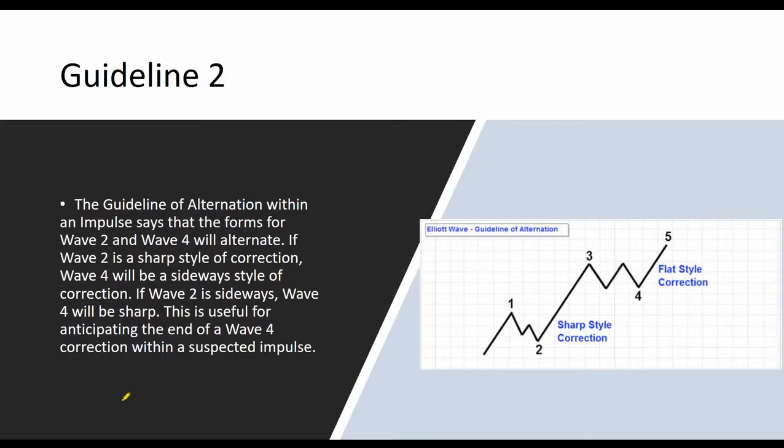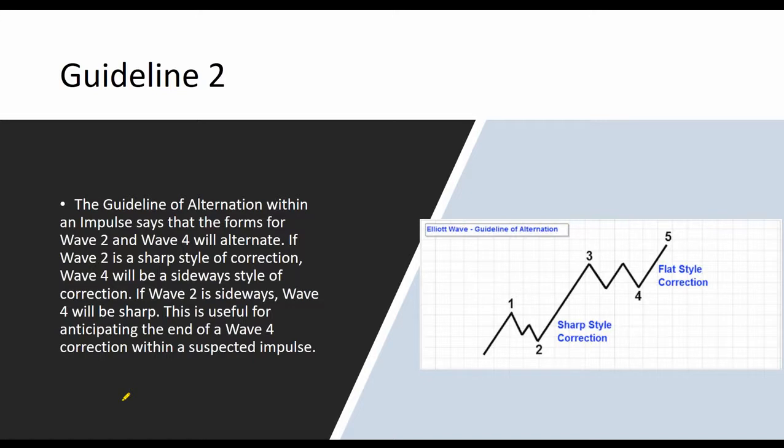The guideline of alternation with an impulse says that the form of wave 2 and wave 4 will alternate. If wave 2 is a sharp style of correction, wave 4 will be a sideways style of correction.